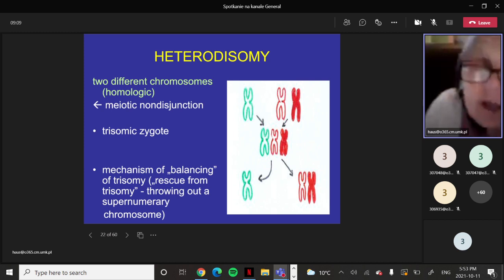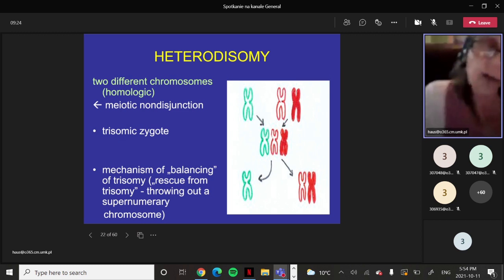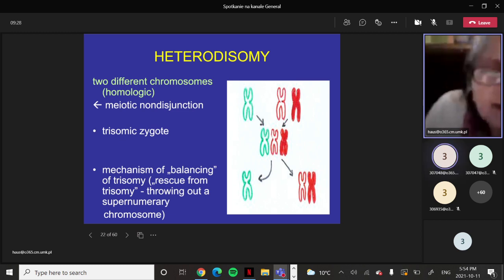But the red parent, because of non-disjunction of this pair of chromosomes, gives both chromosomes from this pair to the germinal cell. Yes, and we have fertilization, and a trisomic zygote appears. Yes, a trisomic zygote, three chromosomes in a pair of chromosomes.